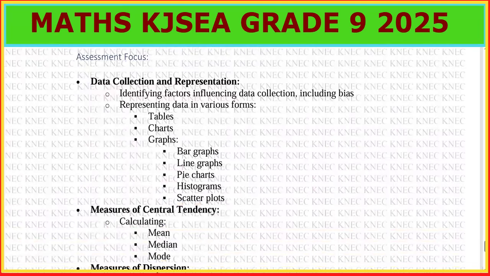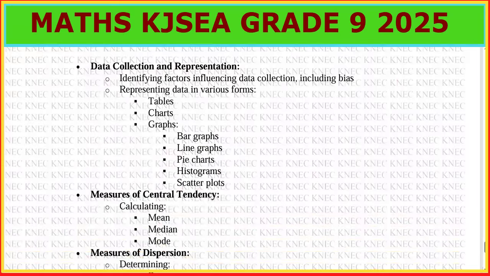Then we have data collection and representation. This one, we talk about the tables, the charts, the graphs, bar graphs, line graphs, pie charts, histograms, and scatter plots. Measures of central tendency, that is mean, mode, and median.